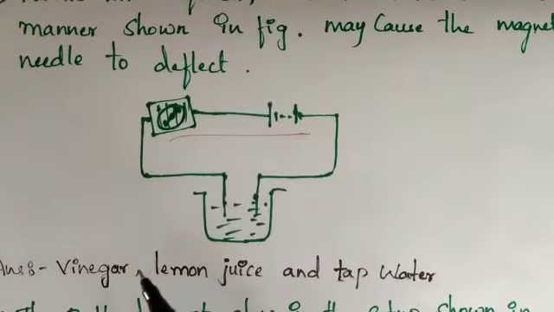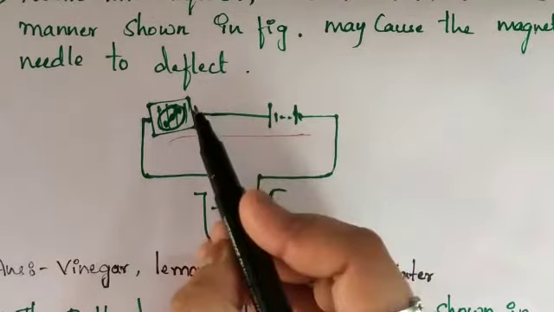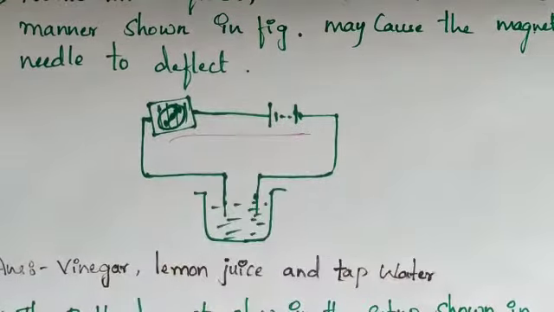Here I have written vinegar, lemon juice, tap water, even milk. All these are substances which conduct electricity. When the magnetic needle shows deflection, it means the substance conducts electricity.